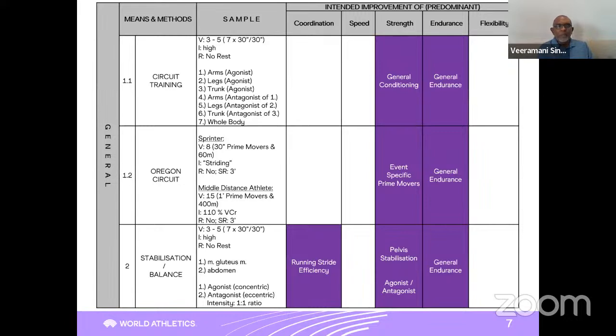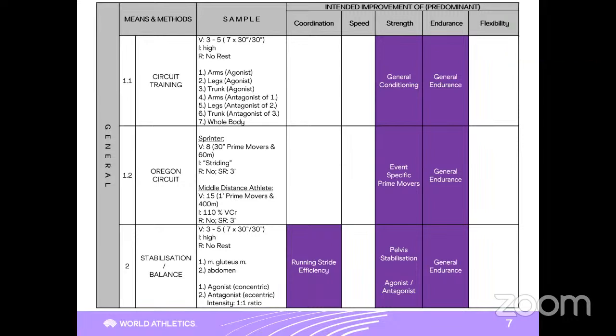30 seconds of prime movers. Say, how many of you know where the prime movers are? What are the prime movers we have in our body? Examples of prime movers you're familiar with? The bigger muscle groups, yeah. So what are the ones we have?